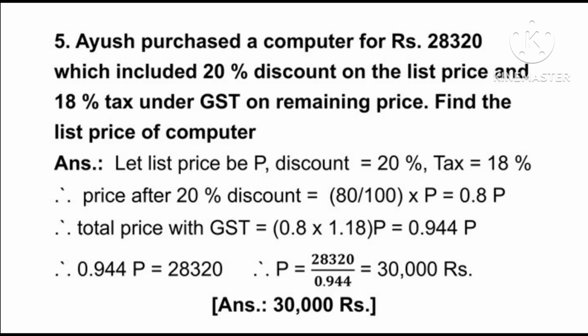Therefore, P equals 28,320 upon 0.944 equals 30,000 rupees. Answer: 30,000 rupees.